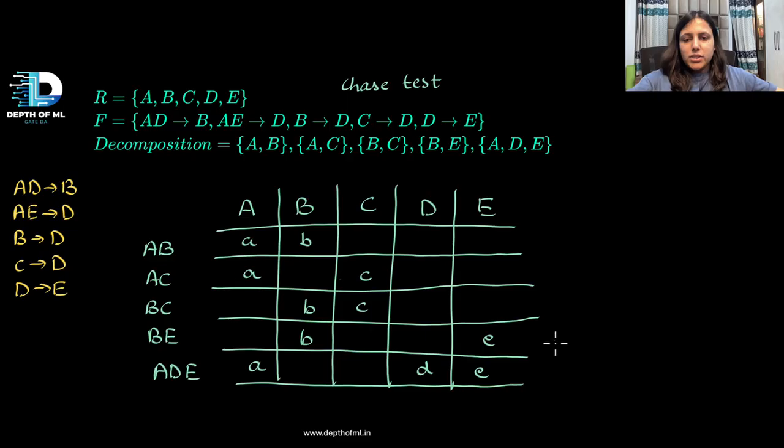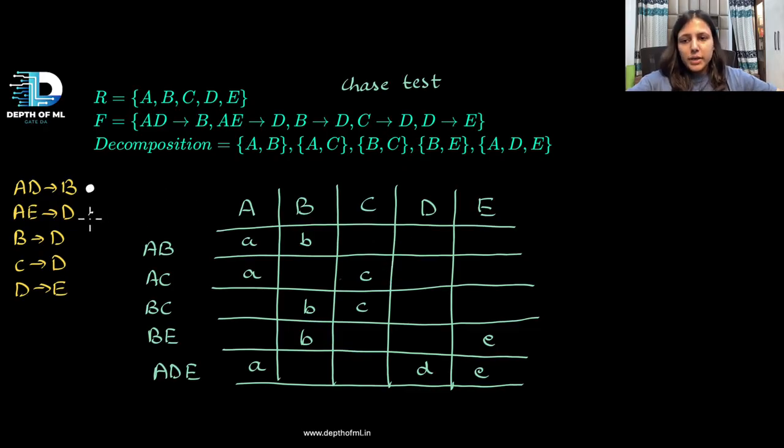Now let's start with the first functional dependency, which is AD determines B. Wherever the values of A and D are the same, we have to fill the same value for B. Here you can see that we have the same value for A, but D is blank, right? It could be any value, I don't know. It could be a different value also. So for sure I cannot say that these two rows have the same value for the A and D combination. So I really can't do anything about it right now.